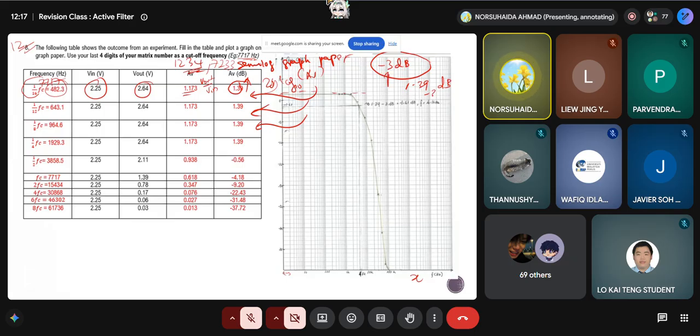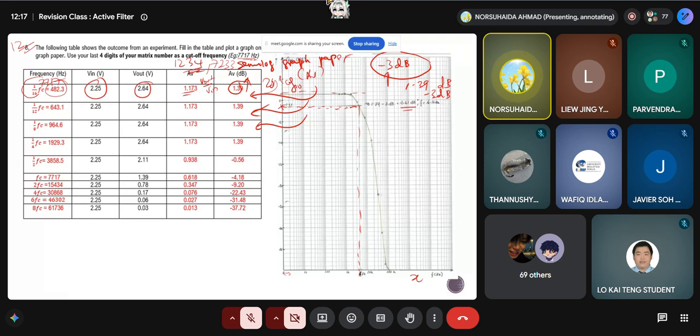So here, 1.39 minus 3 dB, you get negative 1.61. So this is negative 1.61. Do the projection, then you get the value.